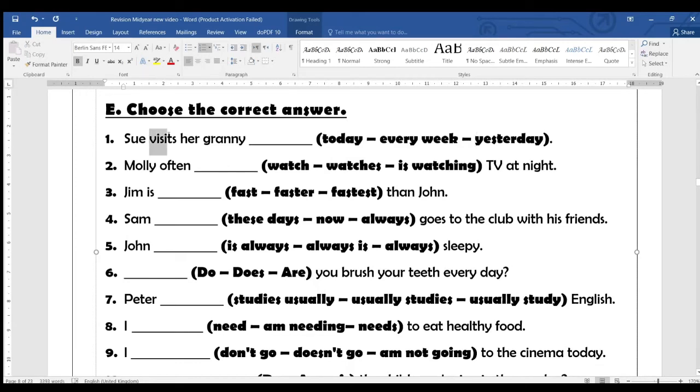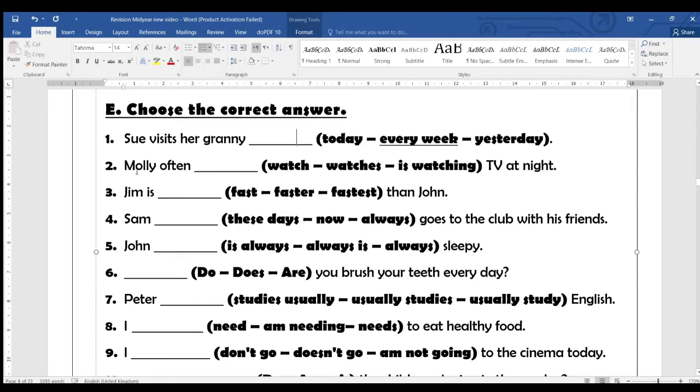Sue visits her granny. Can I say today or every week or yesterday? Which would be more suitable? Which tense am I using? I'm using the present simple. Okay, which one of those can go with the present simple? Can I say yesterday? Can I say today? No, I'm going to say every week, because the present simple is for things that happen repeatedly. And today would need present continuous, so I cannot use it, right?